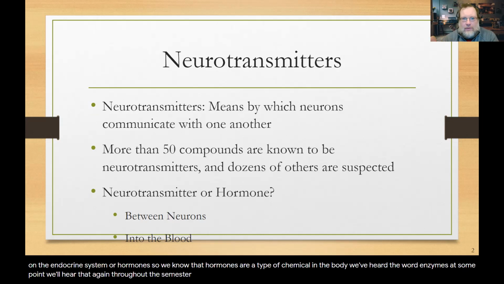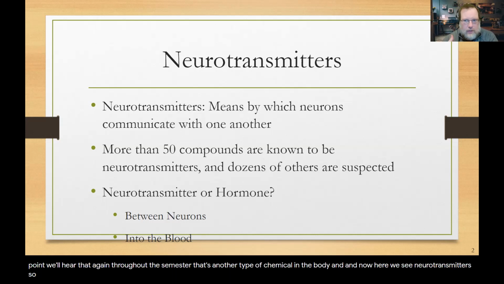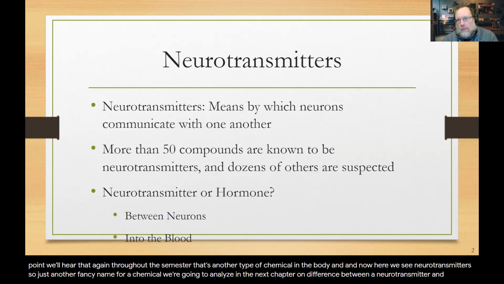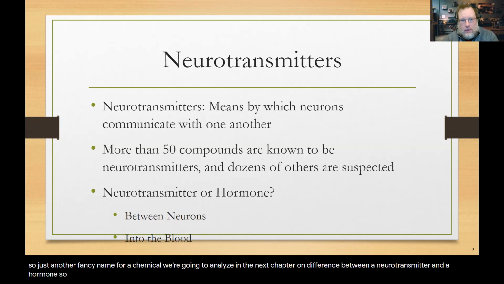That's another type of chemical in the body. And now here we see neurotransmitters. So just another fancy name for a chemical. We're going to analyze in the next chapter on endocrine the difference between a neurotransmitter and a hormone.